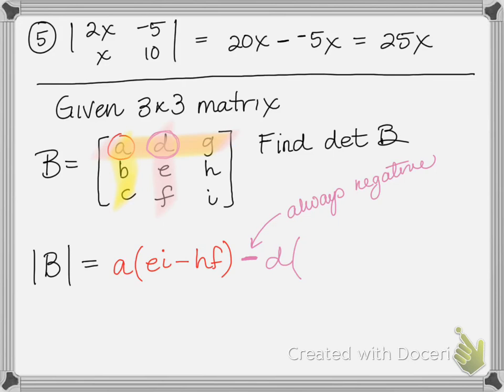Pretend the pink in the middle is not there. So I'm taking this and this, which is the B and the I, minus, because it's always minus, and then this and this, which is the C and the H, or the H and the C, whichever one you want to do.